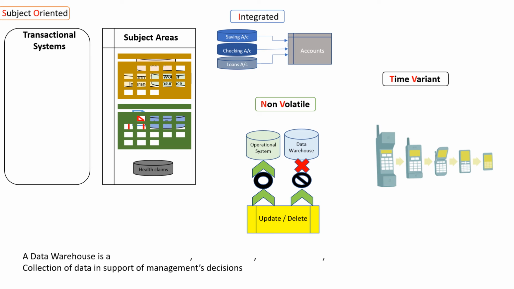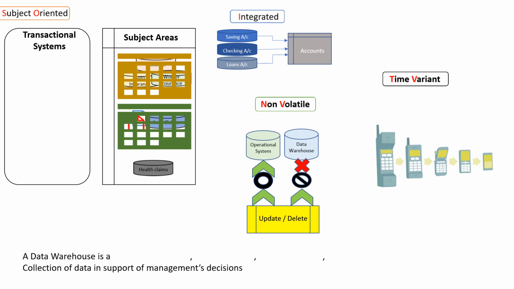For example, a customer has entered the system, opened a saving account in, let's say, January 2020, and then got a loan account sanctioned in the month of June, and then in 2025 he cleared the loan and closed the loan account. All this historical information is stored with respect to the time dimension, and you will be able to pull out the information the way you want. That is basically time variant.